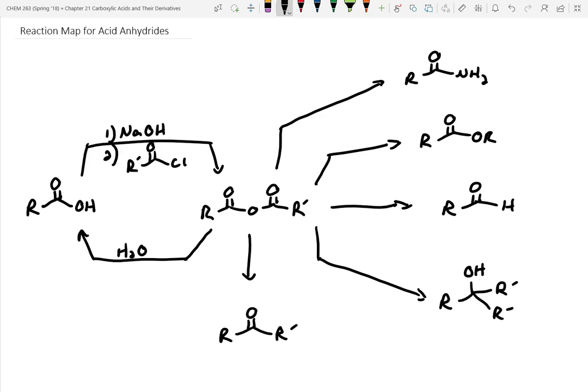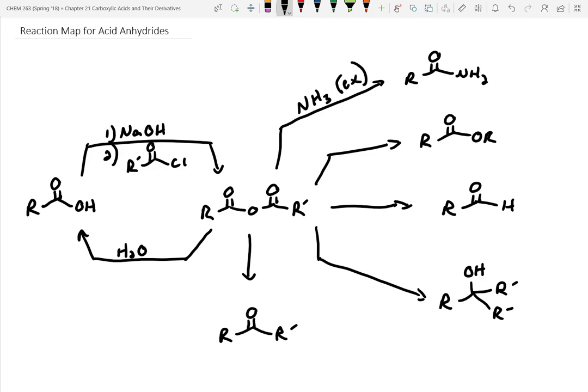All right, what about going from an anhydride to an amide? Remember, this is just like with acid chlorides. So how do we get an amide with an acid chloride? Yeah, exactly, ammonia in excess.